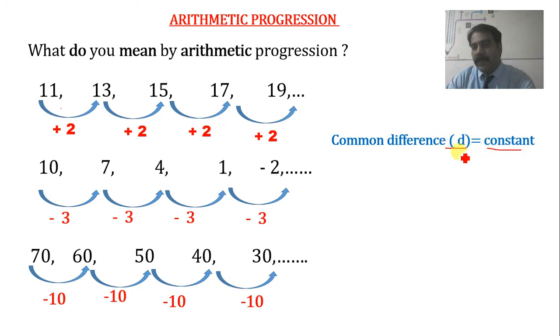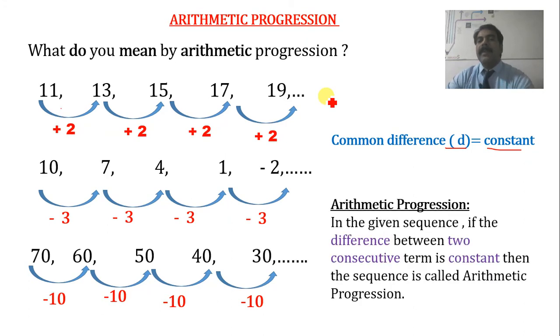It is always constant for a particular sequence, and that is why we can define arithmetic progression. Arithmetic progression is defined as: in a given sequence, if the difference between two consecutive terms is constant, then the sequence is called an arithmetic progression.